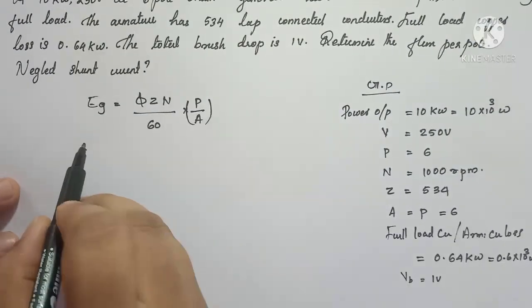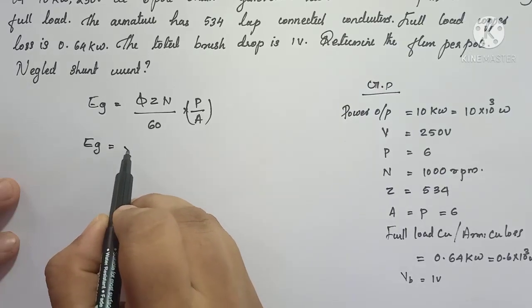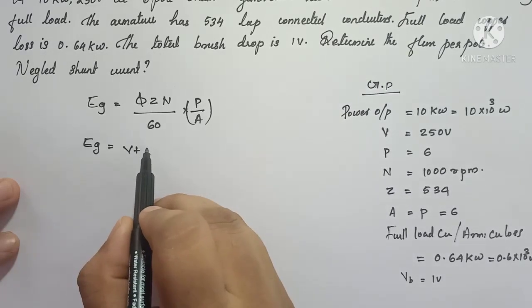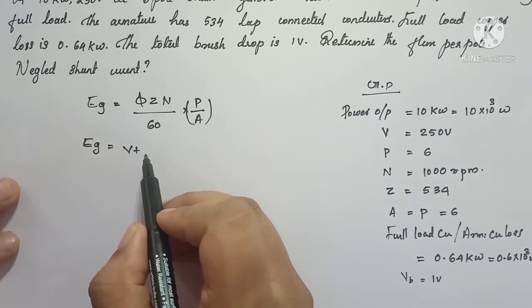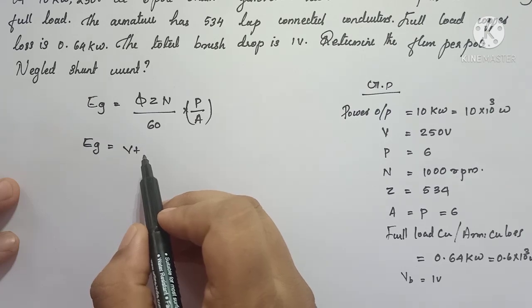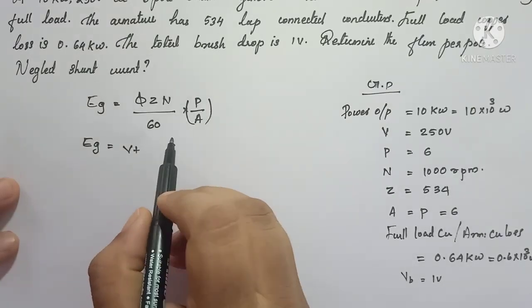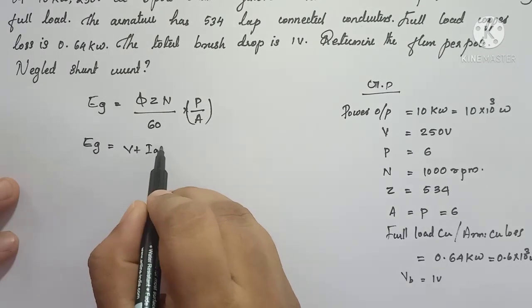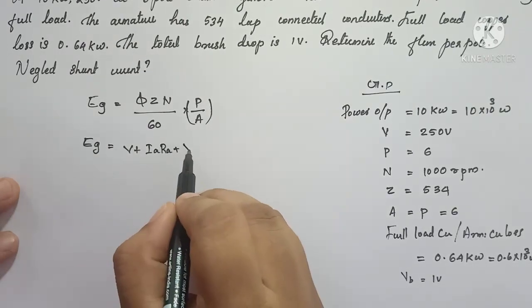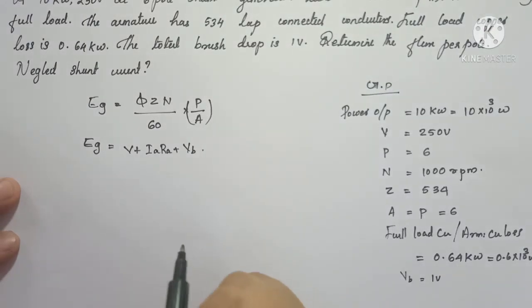And also we know that Eg is equal to terminal voltage plus voltage drop across the shunt field plus voltage drop across the armature windings plus brush voltage drop. In the case of shunt generators, we neglect the current through the shunt field windings. So we need only the voltage drop across the armature winding, that is Ia Ra plus brush voltage drop.